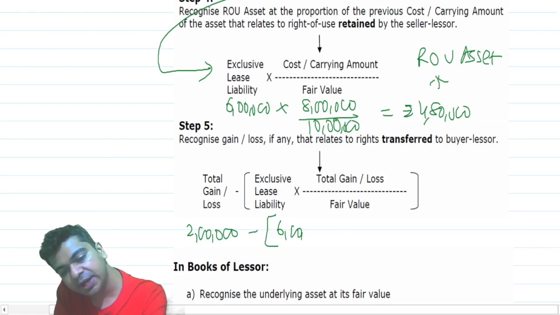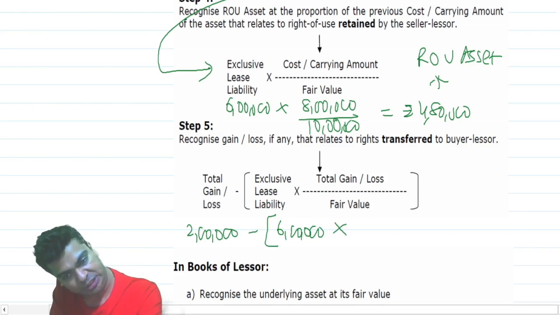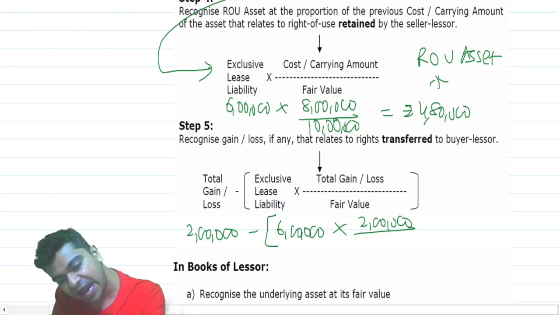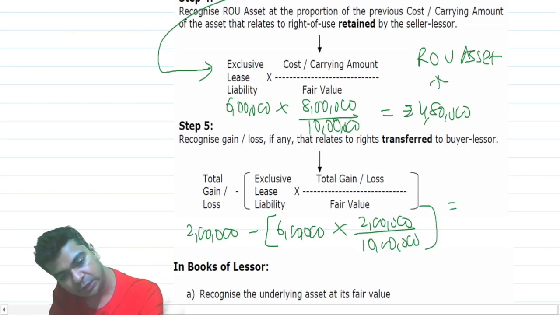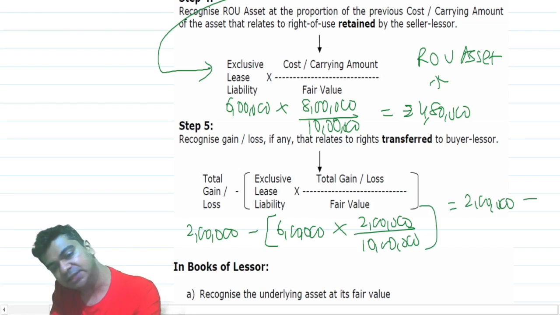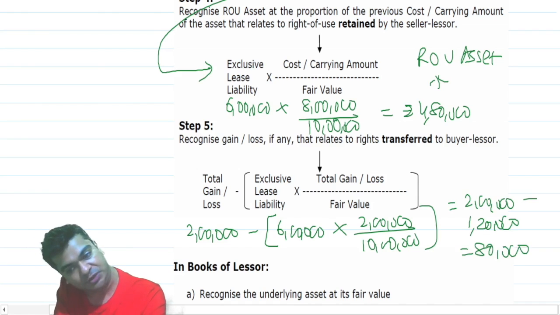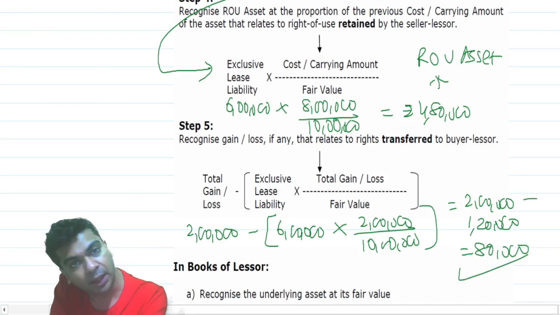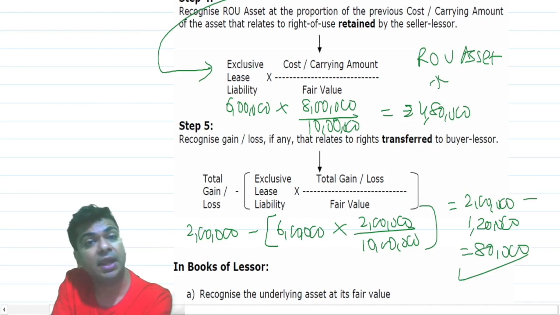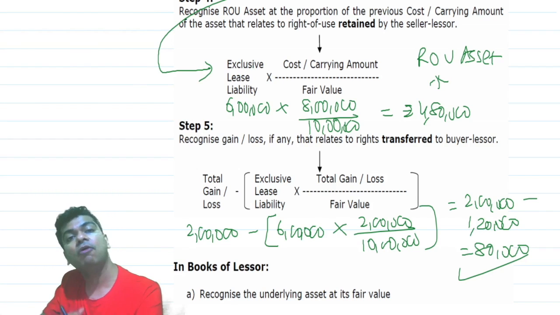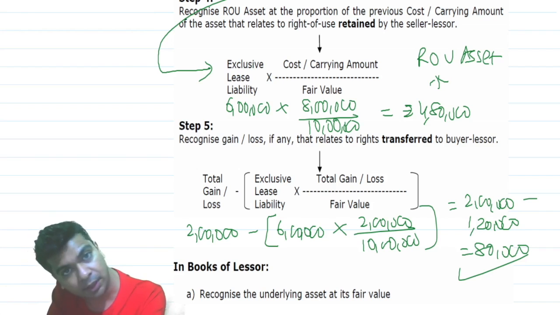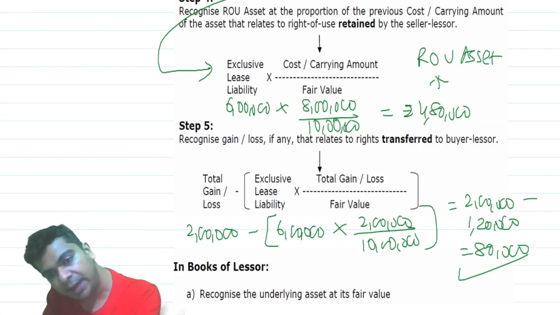Exclusive lease liability in our example is 6 lakhs. The total gain is 2 lakhs. That I am dividing by the fair value, which is 10 lakhs. Solve this. This is 2 lakhs minus 1,20,000. So that's turning out to be 80,000. 80,000 of gain can be recognized because this is the gain for that portion of the asset which has been transferred by us.